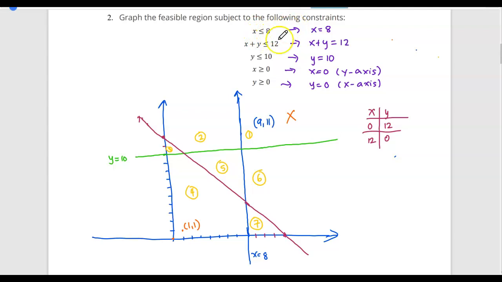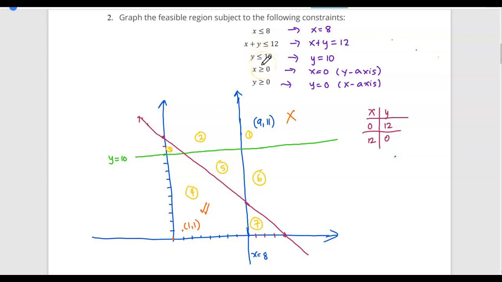That's correct. Now when x is 1 and y is 1, you have 1 plus 1 equals 2, and that is less than 12. So that is also correct. And 1 is less than 10. So therefore, this is a feasible region because it satisfies all the inequalities here.